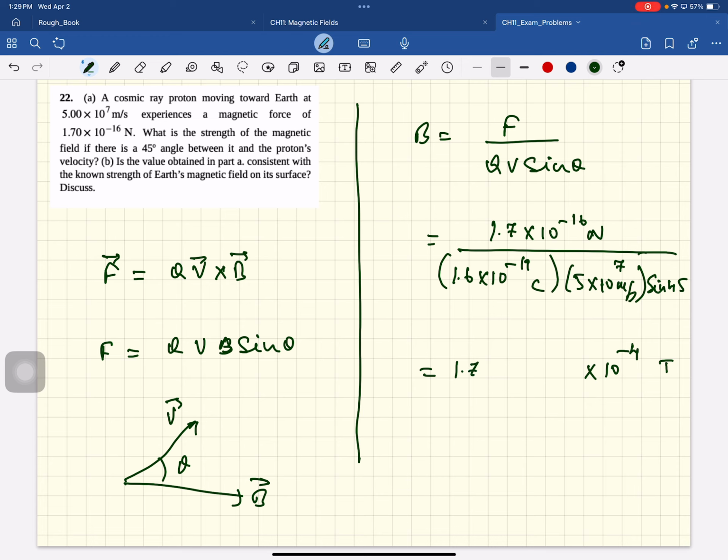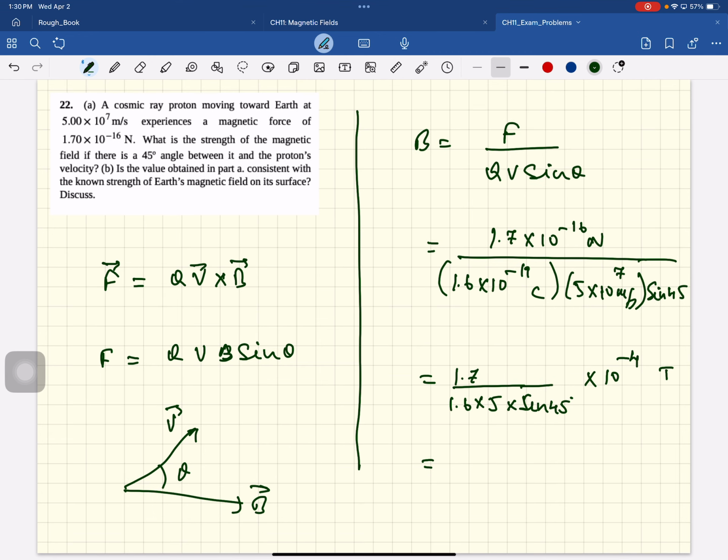So this is 1.7 divided by 1.6 times 5 times sine 45, which is 0.3 times 10 to the minus 4 Tesla.